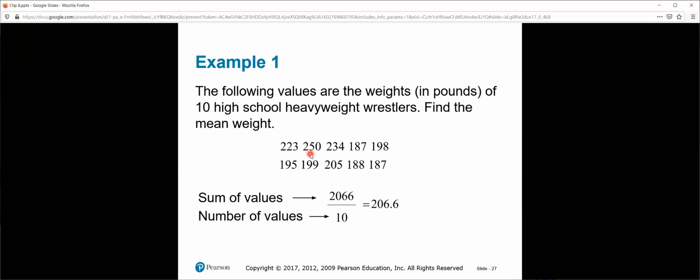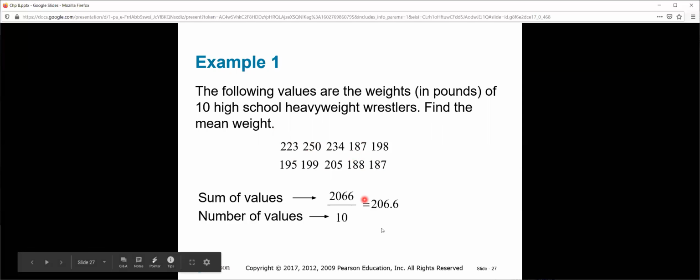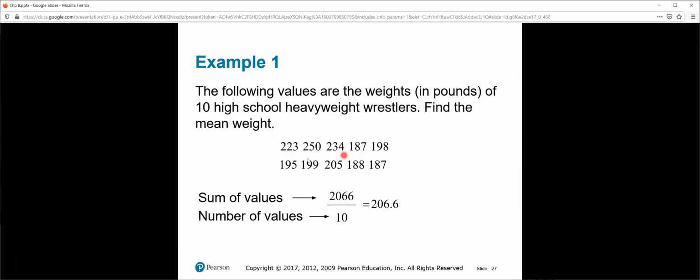Oh boy, it's a big high school wrestler, right? And these two down here are pretty small, 187. Actually, that's not small really, but there's a big difference between these 180s and this 250 and this 223. But on average, they all come down to slightly over 200. Probably because there's only 3 that are massively exceeding 200, and everyone else is kind of right around it.